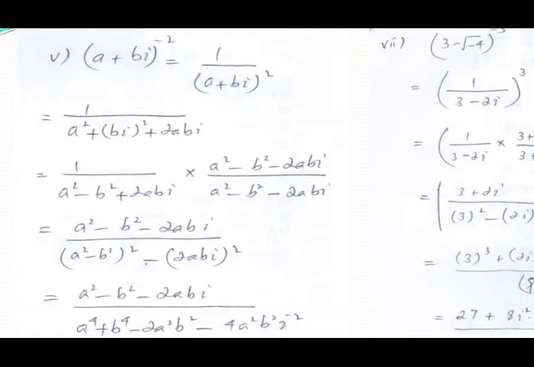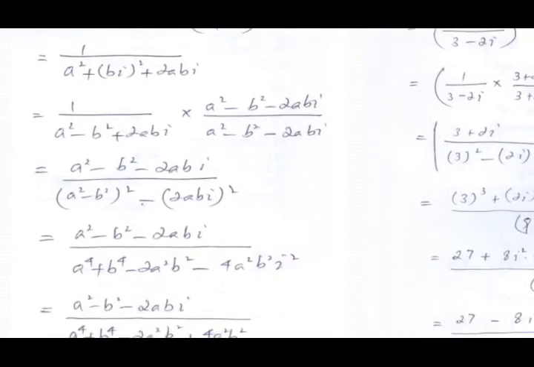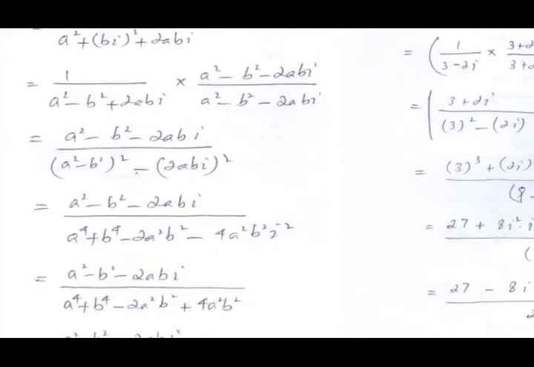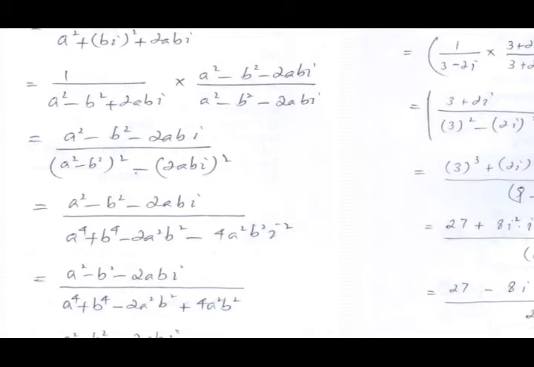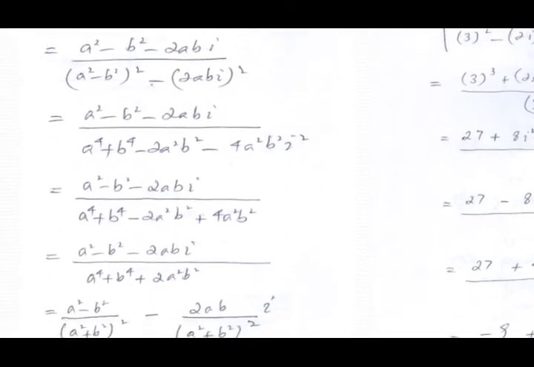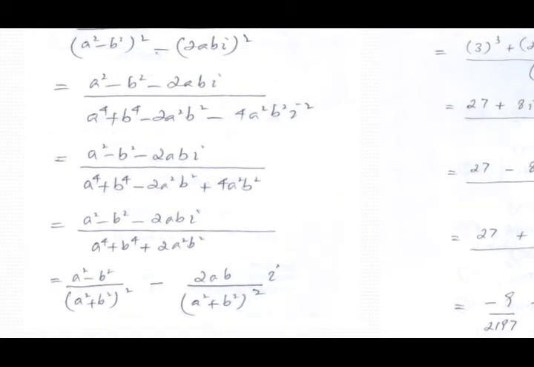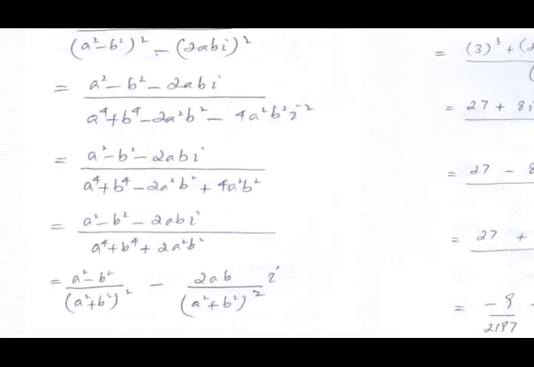The real part is the same, a square minus b square. The numerator will be the same, and in the denominator we apply the same formula, a square minus b square, and then simplify. Iota square is minus 1, and plus minus these values cancel, and we get in the denominator a plus b whole square.